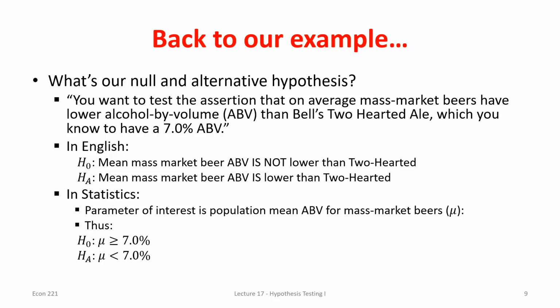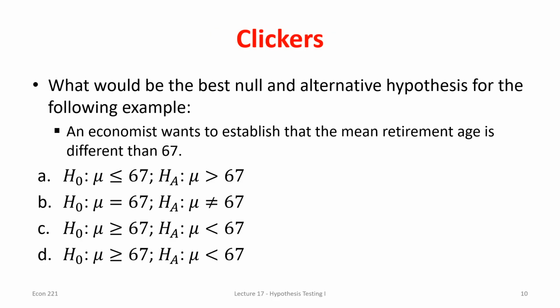Let's think about another type of example we could see, like an iClicker type question, or something you could see on a potential exam coming up. Let's say we were given the following options, and we knew that an economist wanted to establish that the mean retirement age is different than 67. Anytime we see this word different than, that's what we want to test for.